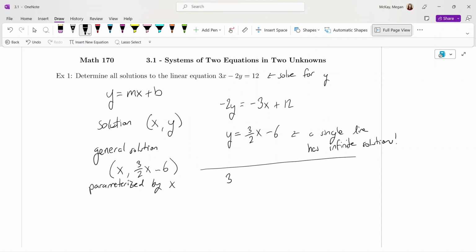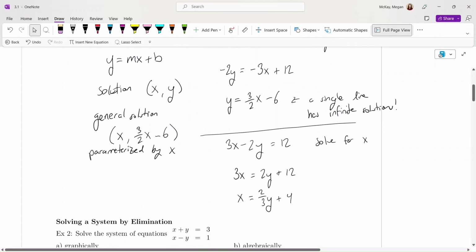So let's take our 3x minus 2y is equal to 12, and now let's solve for x. That gives us 3x is equal to 2y plus 12. Divide through by 3 and we get x is equal to 2/3 y plus 4.